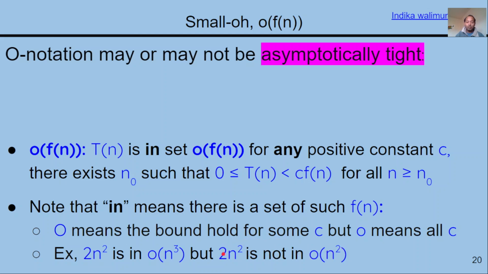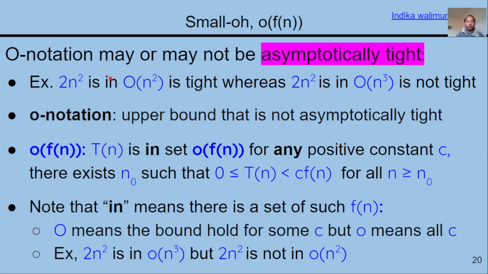We can say 2 times n to the 2 is in big O of n to the 2, and that's what we said earlier, right here. The difference again is that it works for any positive constant. You can see that the order is more than that one, so it's always on top.